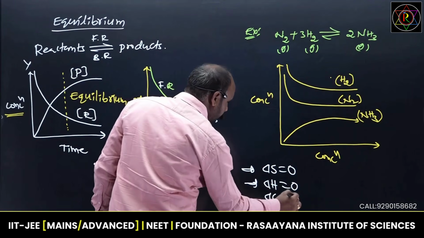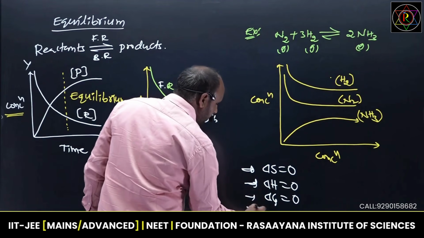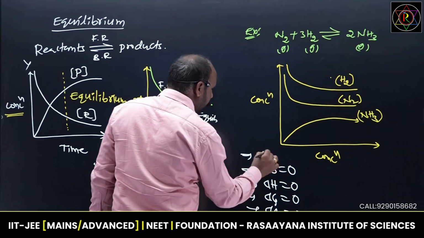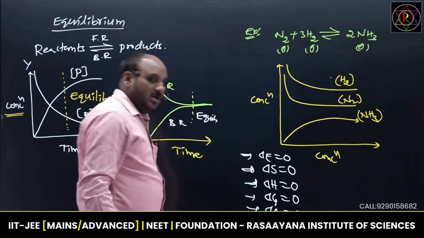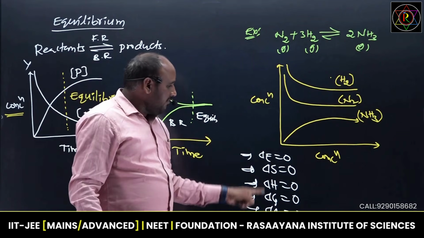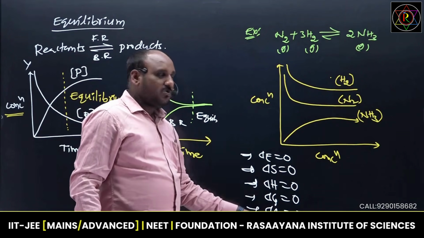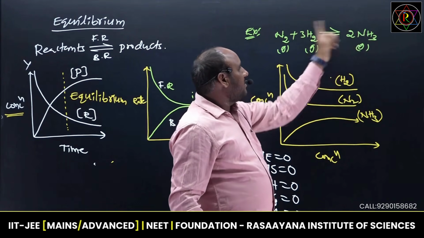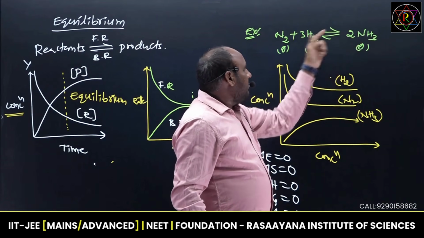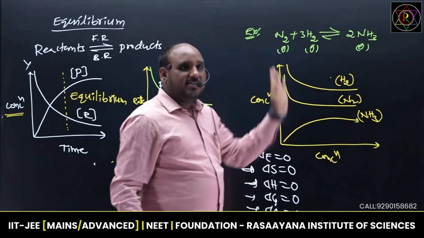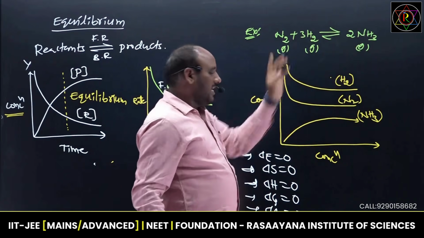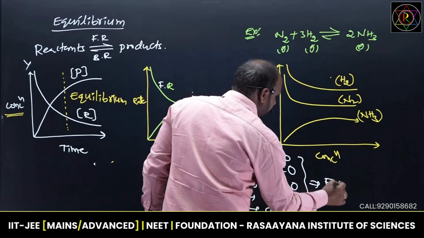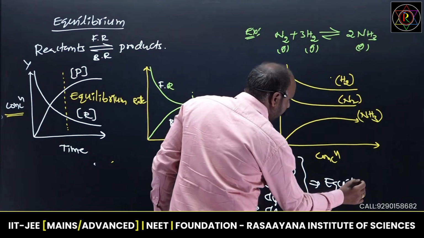Delta G, the free energy, also becomes 0, delta A also becomes 0, and the internal energy change delta E also becomes 0. So the change of thermodynamic property becomes 0 whenever the reaction is carried out from reactants to products and products to reactants. That is the equilibrium condition, and all of these are equilibrium conditions.